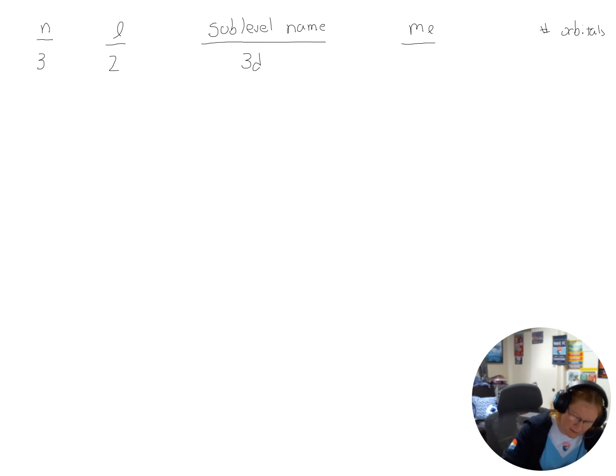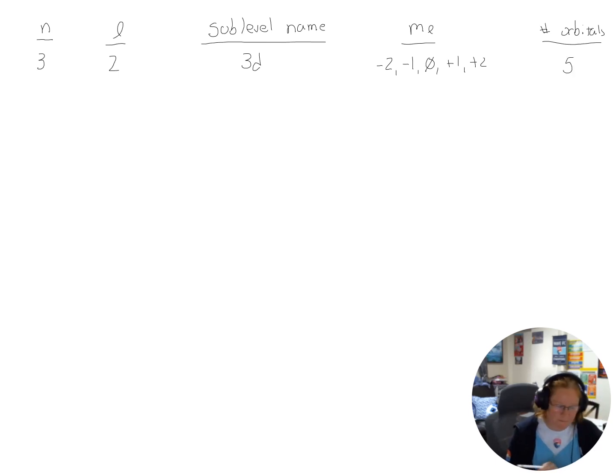So our m sub L is negative 2, negative 1, 0, positive 1, positive 2. So the total number of orbitals we can have with those two particular n and L values is going to be 5.